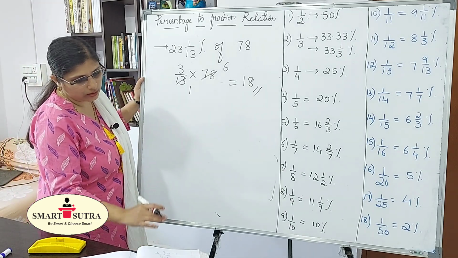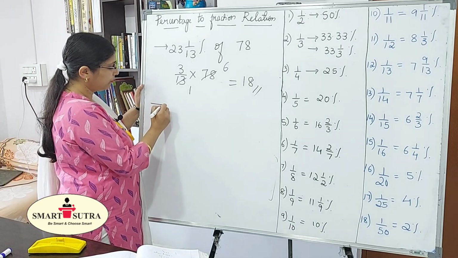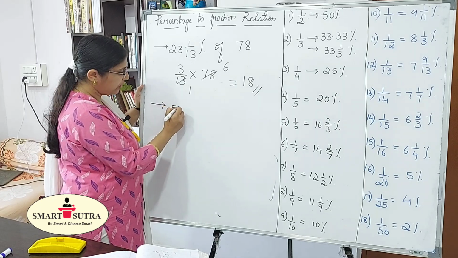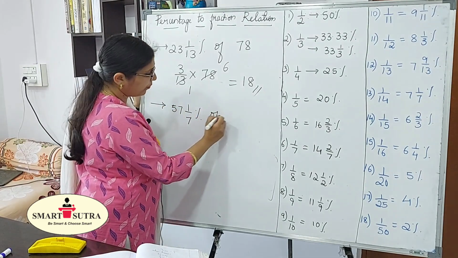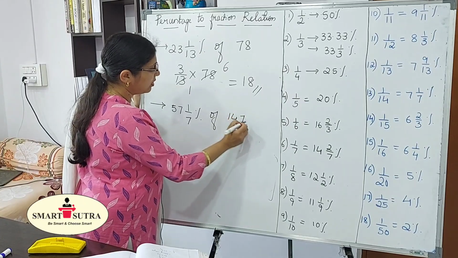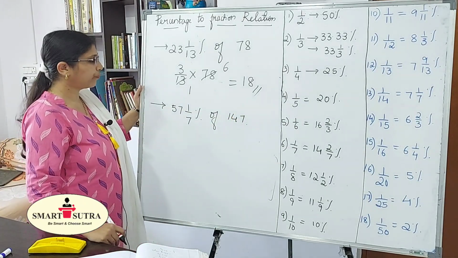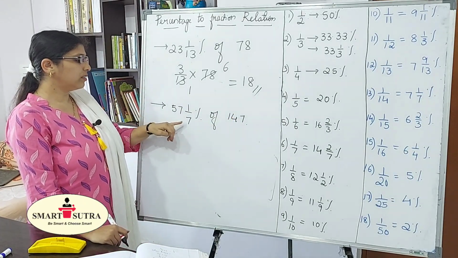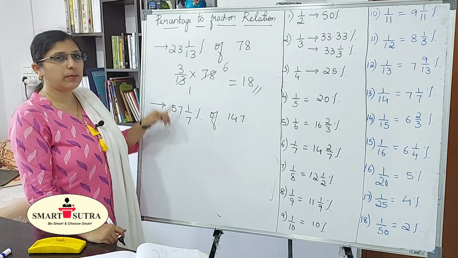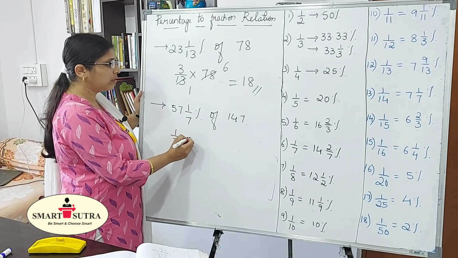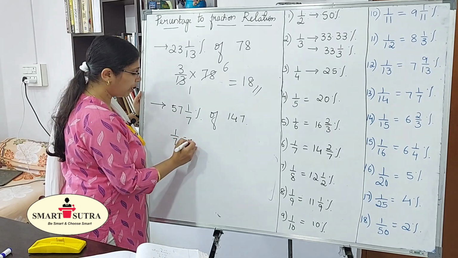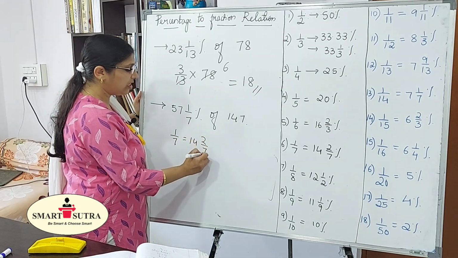So we'll see one more problem. 57 1 by 7% of 147. When we see this, you should remember that it is somewhere a multiple of 7. So what was 1 by 7 as a percentage? 1 by 7 is 14 2 by 7 percent.